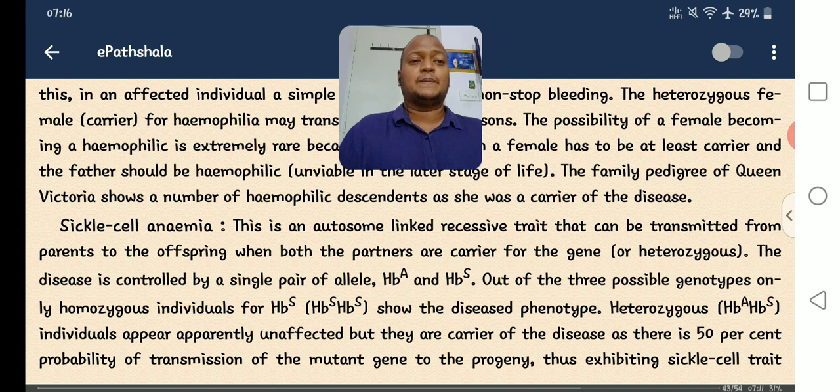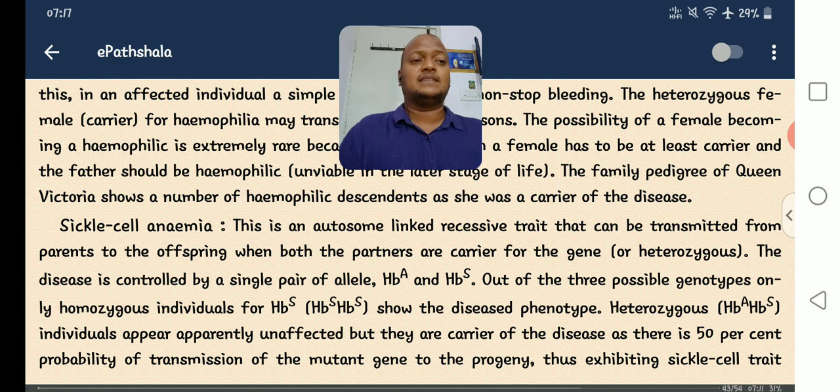In this condition, the diseased individual is HBS HBS only, because both are recessive genes, and phenotypically expressed recessive genes affect the individual. So out of three possible genotypes, only homozygous individuals for HBS show the diseased phenotype.